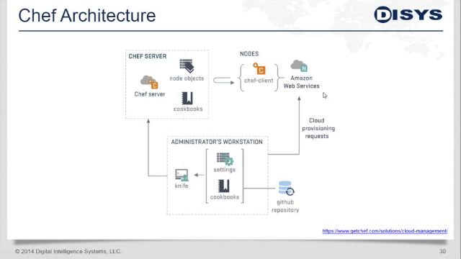So we have Chef variants. The Chef server by itself can be a SaaS-based thing, which means that you don't need to undergo the pain of creating and configuring a Chef instance by itself.